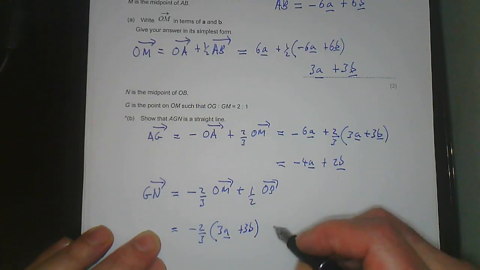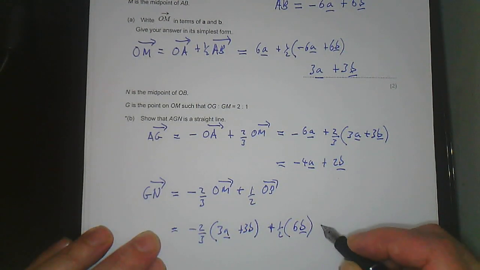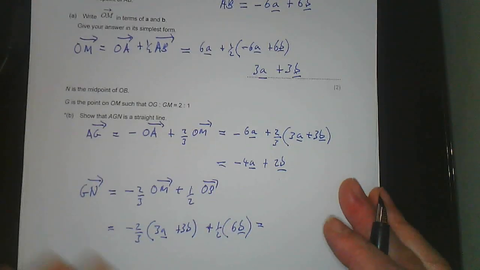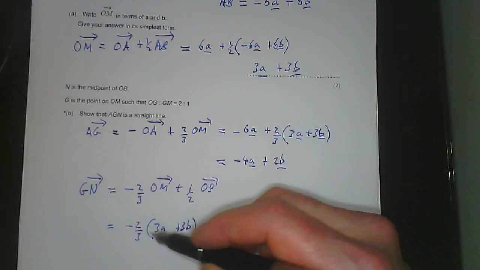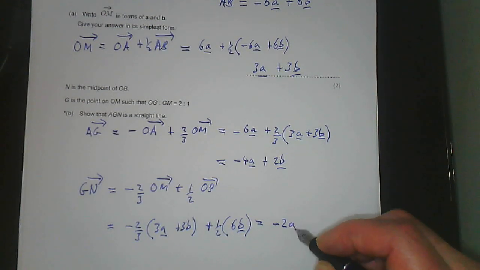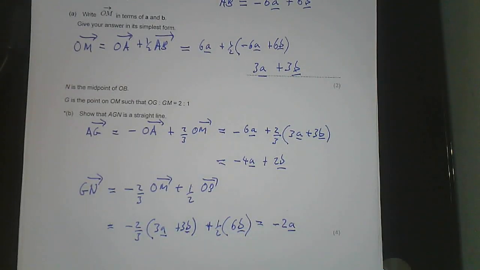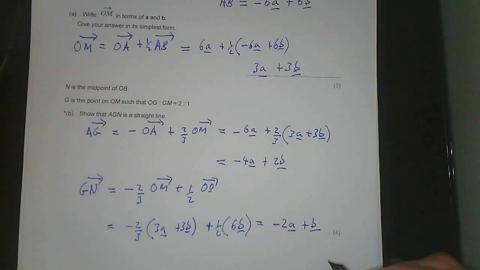And OB, we want a half of it, so plus a half. OB is just 6b. This equals, right, the a's first. We've got minus 2a, and then we've got minus 2b plus 3b is plus b in the end.